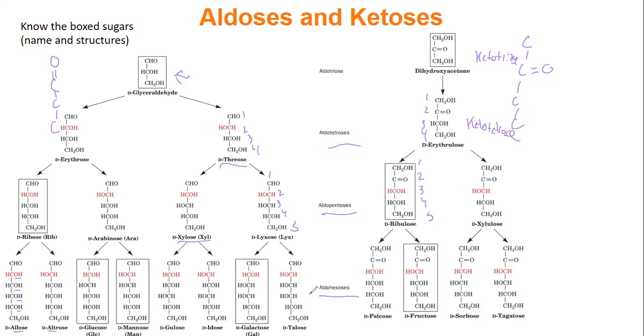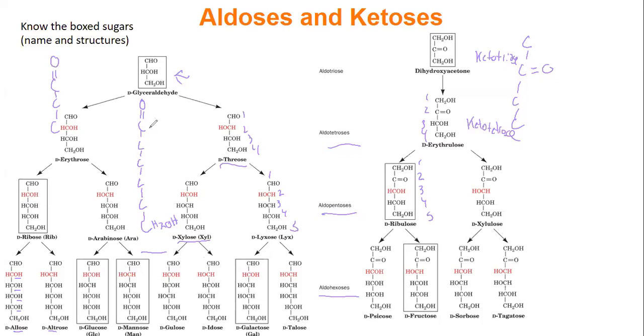If it's an aldose, that means it's C double bond O. Then if it's a hexose, it has 6 carbons, so 1, 2, 3, 4, 5, 6, and CH2OH. The only difference between all of these sugars is which directions the OHs are pointing.